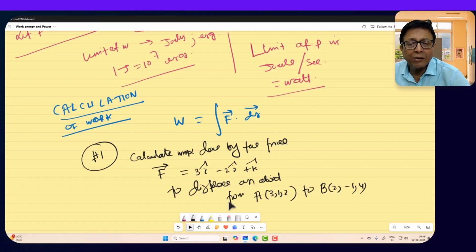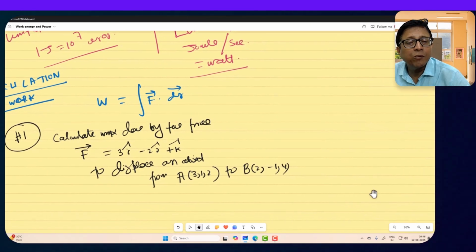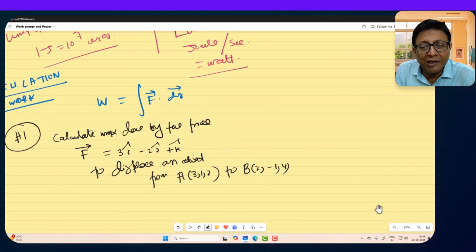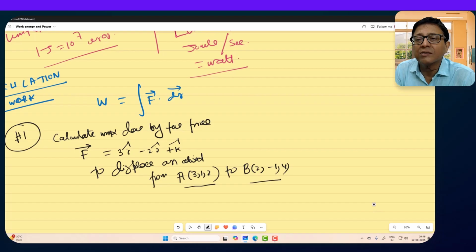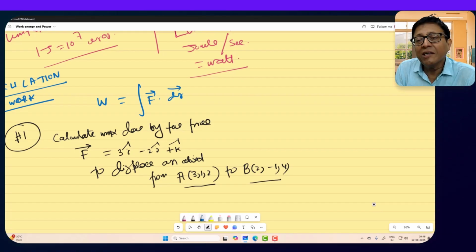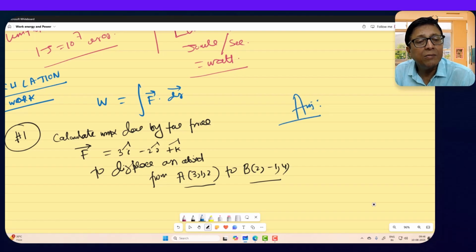We are going to calculate this work done. Work done by the force F to displace an object from A to B is very easy to calculate. We will be answering it here. That F dot dr you first find. What is dr here?